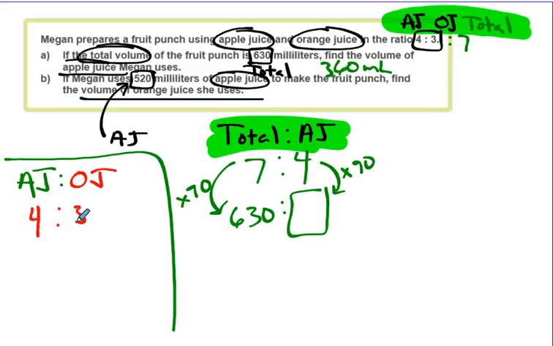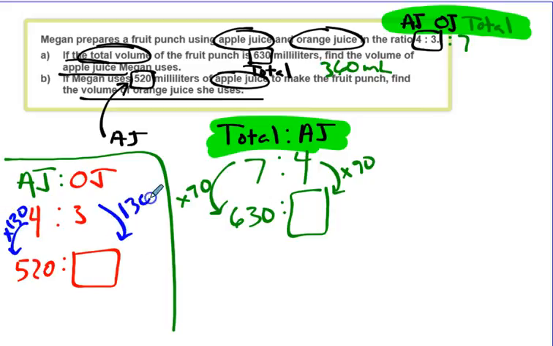The 520 is apple juice, and that's the number that we're looking for. Multiplying by 130 to get the 520. 3 times 130 is 390, so the volume of the orange juice is 390 milliliters.